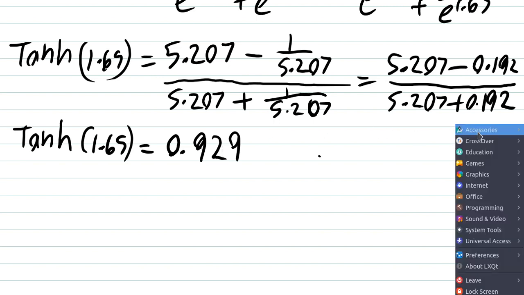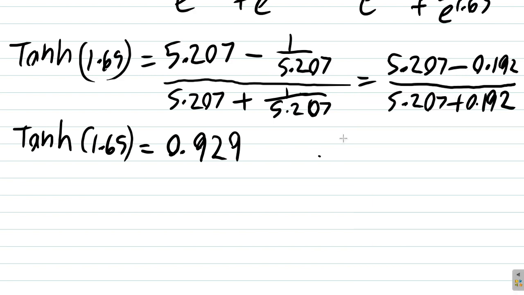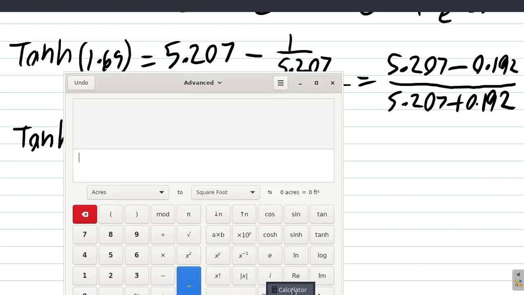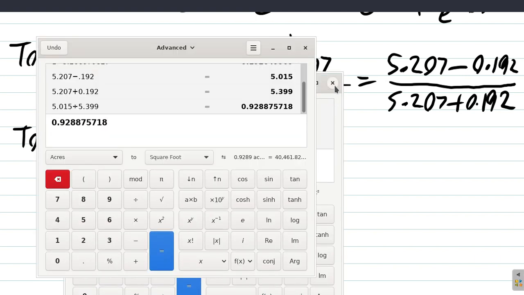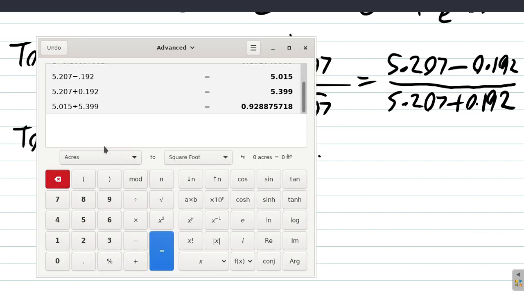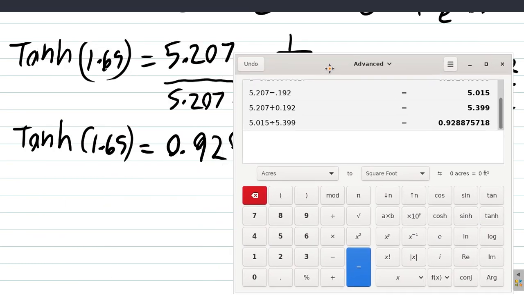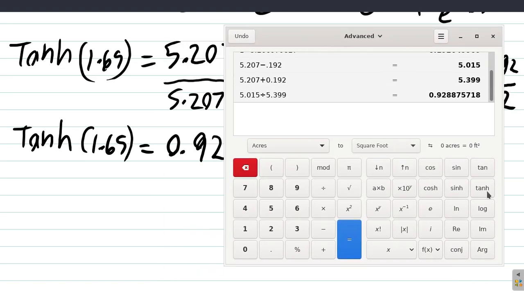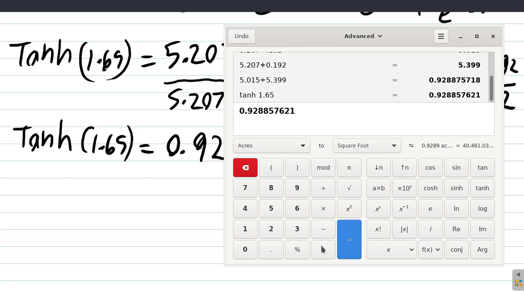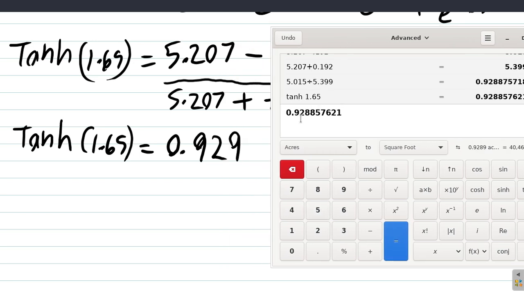Now we're going to look at doing it directly with the calculator. So let's see how that goes. We want to find the hyperbolic tangent of 1.65. What will happen here? Okay, 0.929. So there we go.